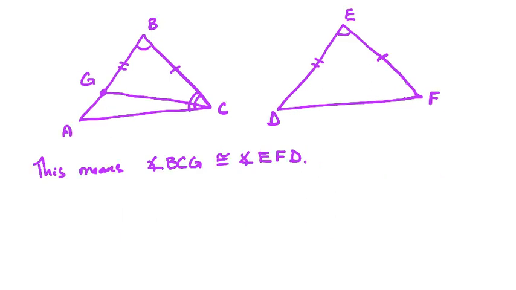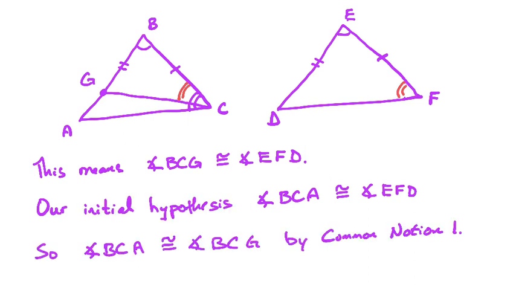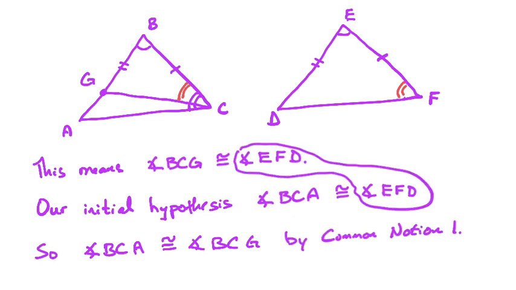But from our triangle congruence, this means that our angle BCG is congruent to our angle EFD. But our initial hypothesis was that our angle BCA was congruent to our angle EFD. And so, since they are both congruent to our angle EFD, our angle BCA is congruent to our angle BCG.